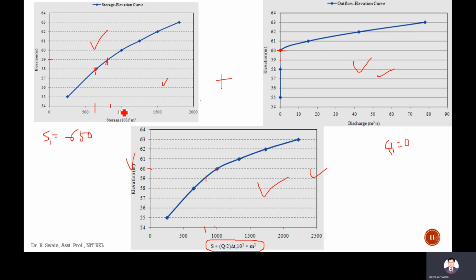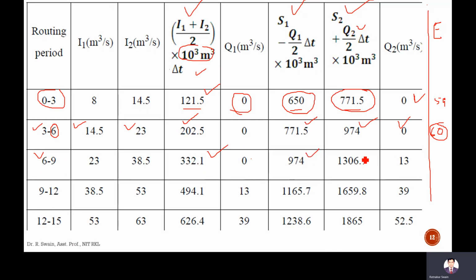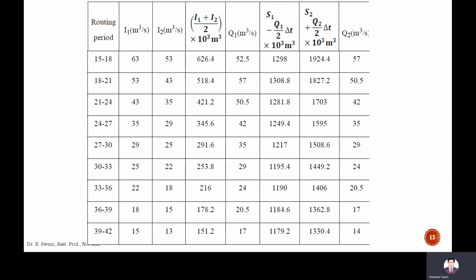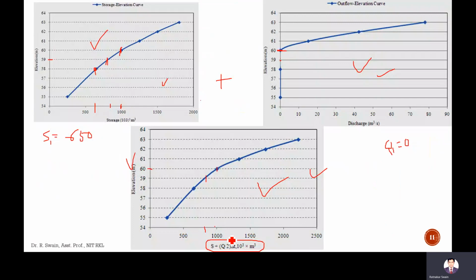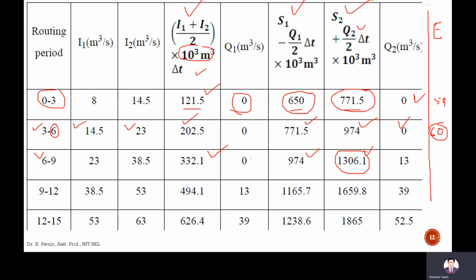S1 corresponding to 60 will be nearly 974. Okay, so 974 plus this value will be this value. So corresponding to this S plus Q by 2 delta T, if you see this curve, this value is 1306.